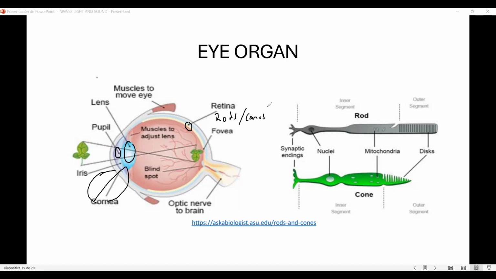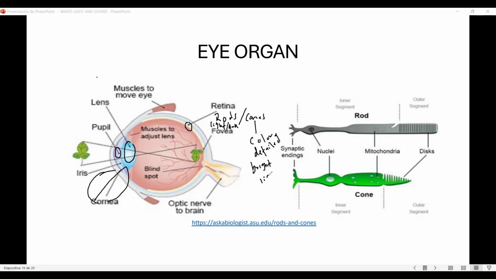Rods are responsible for detecting light and dark, and cones are responsible for detecting color and providing sharp, detailed vision in bright light.